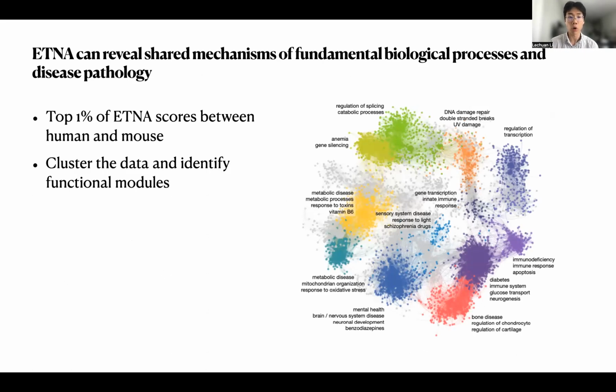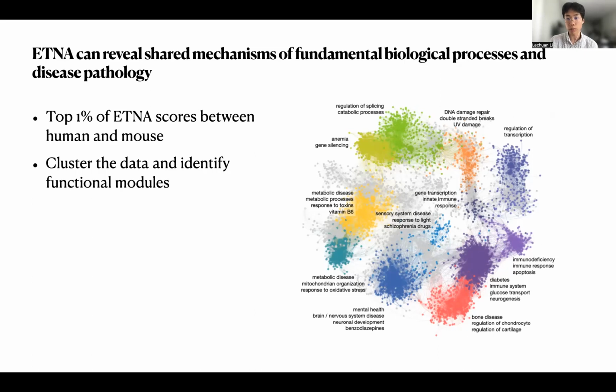And in this example, we rank the top 1% of our ETNA predictions between human and mouse, and we clustered the data and identified functional modules. Then we do enrichment analysis with gene ontologies, drug targets, and human diseases to see whether those clusters are enriched with interesting diseases or drug targets.